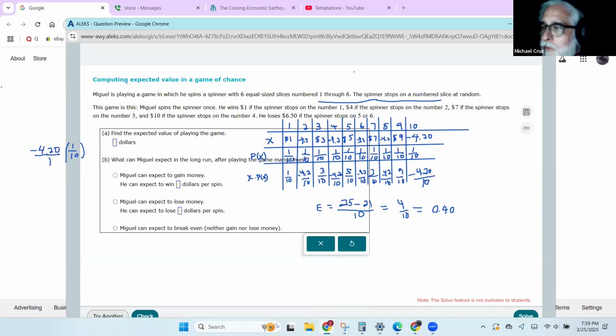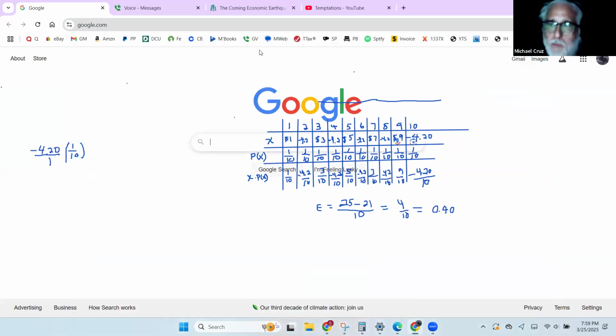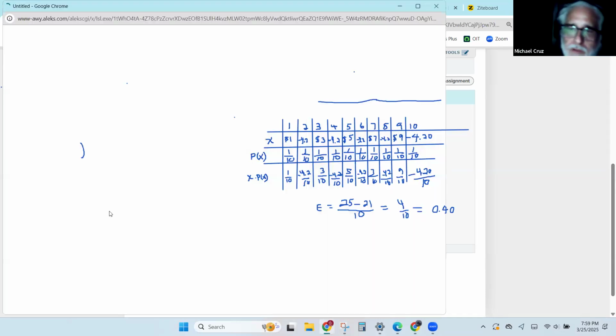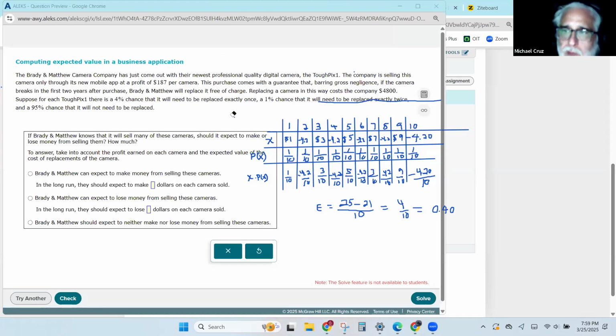Anyway, what I'm going to do for the last one is a business application. Same kind of idea. This one is not going to have but maybe 3 possibilities for outcomes.